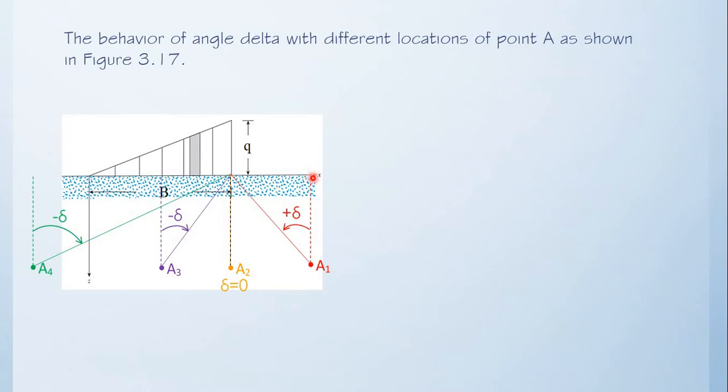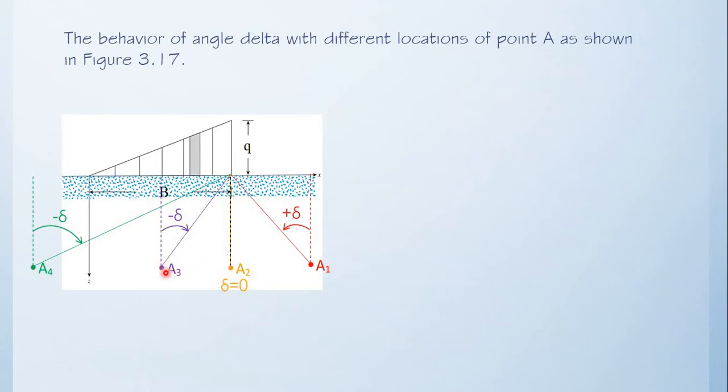So the angle is always measured from the vertical line. Since the direction is counterclockwise, delta is positive. What if the point is located somewhere here? If we are getting vertical stress at this particular point, of course, there is no angle that is formed. Therefore, the value of delta is 0.